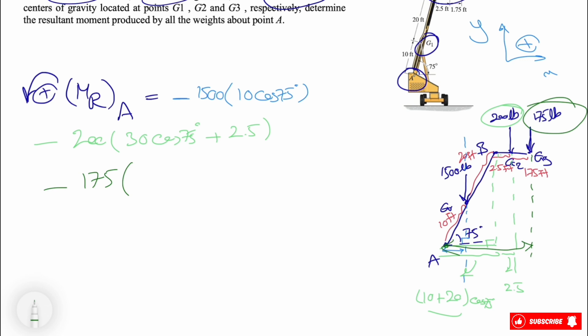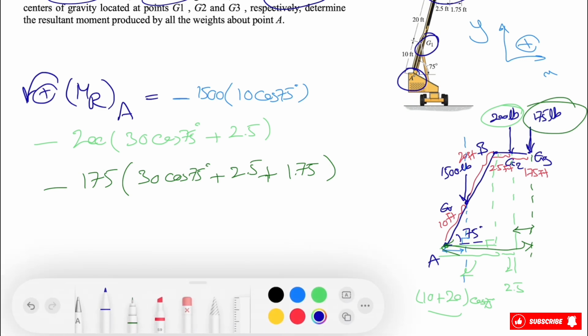So we have 30 cosine of 75 plus 2.5 plus this little distance in here, which we know is 1.75. And this would be all of the moments that we have.